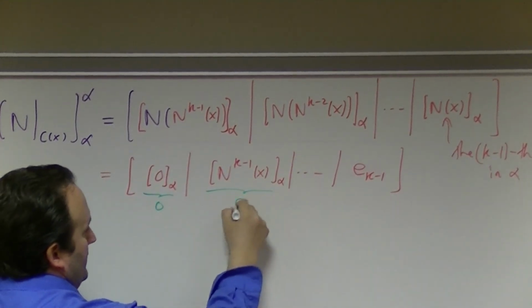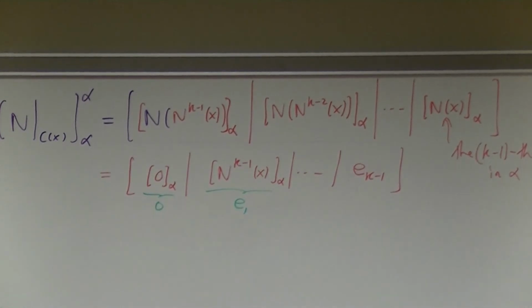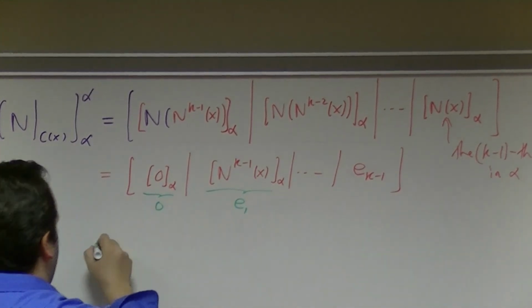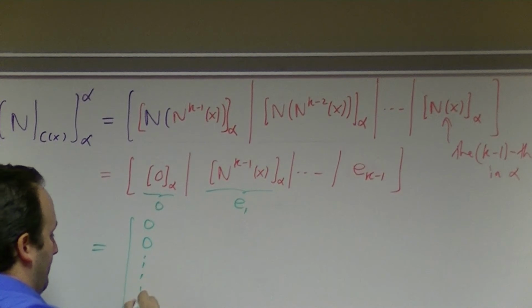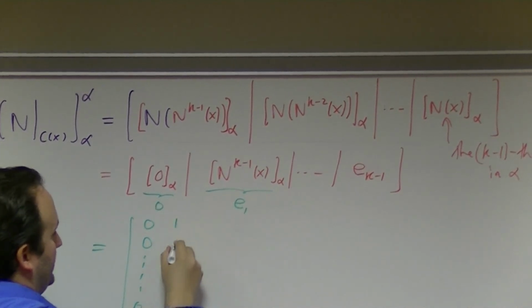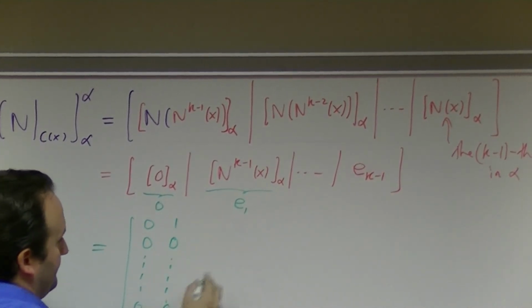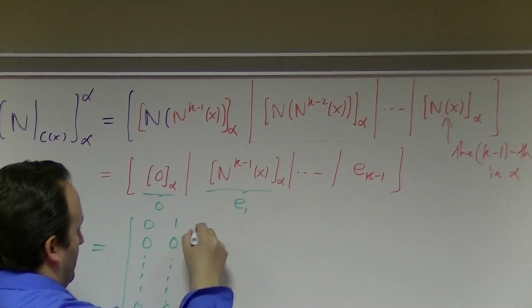This is e_1, because that's the first thing in the alpha basis, the first thing in the basis, coordinate vector e_1. And so what we have is what you're looking for, Landon. So this is where the 1s are coming from.